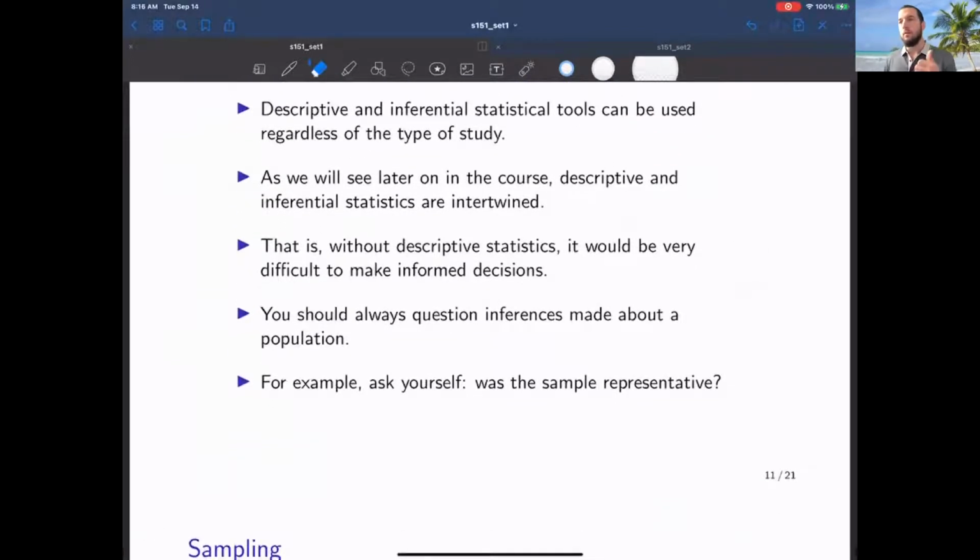Okay. So we can classify the tools that we are using as being descriptive or inferential.